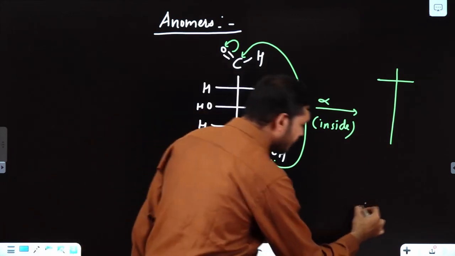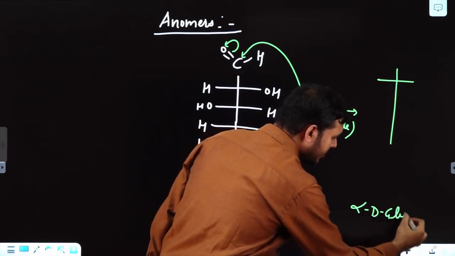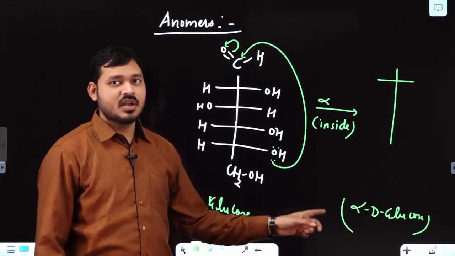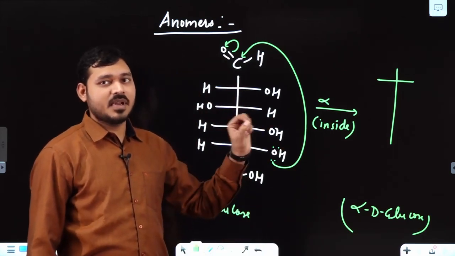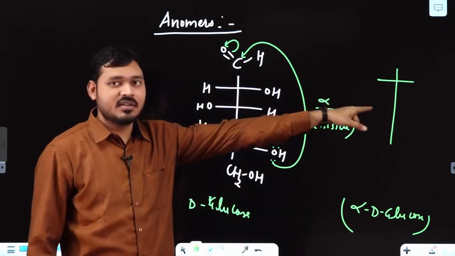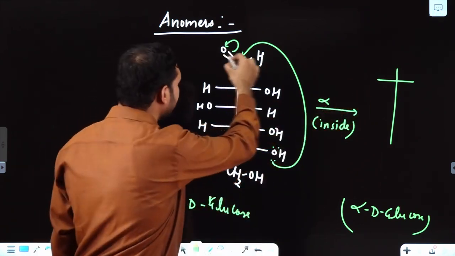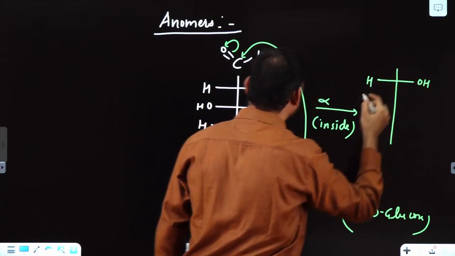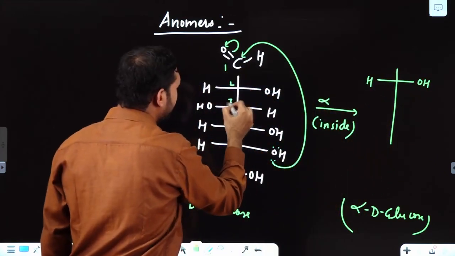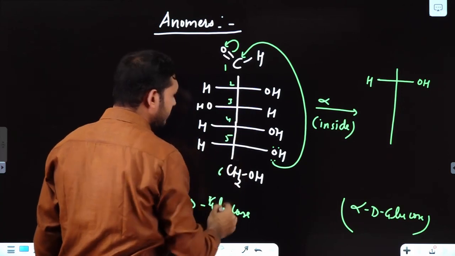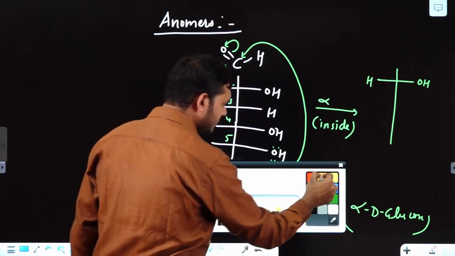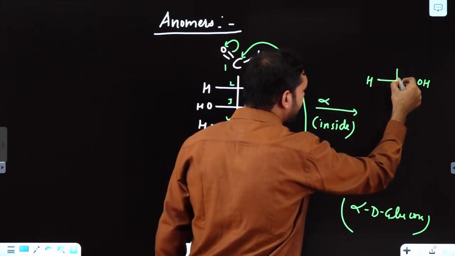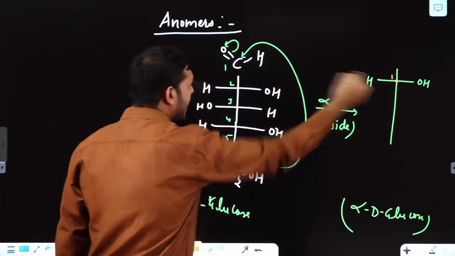So when I say alpha D-glucose, I mean the cyclic structure of that glucose where the chiral carbon has OH inside. Now this part inside, H. See, this is 1. Let me make the numbering. This is your first carbon, and this became chiral now.